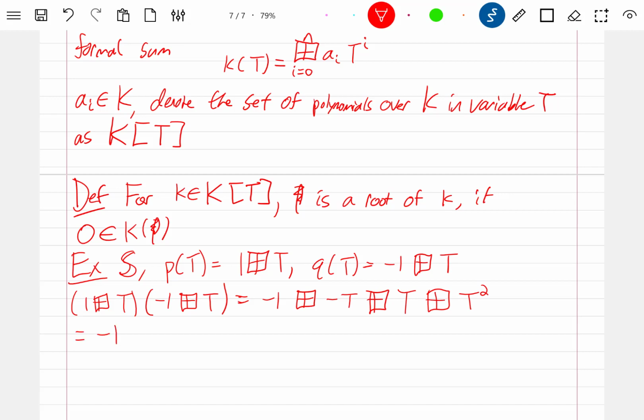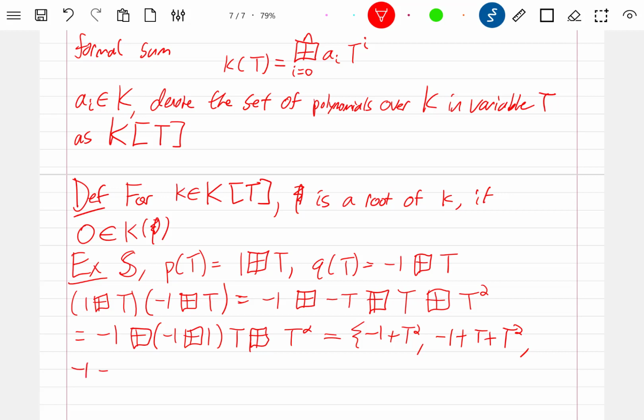So one might call this negative 1 plus (negative 1 plus 1) times t plus t squared. In some sense, this should be thought of as the set: negative 1 plus t squared, negative 1 plus t squared, negative 1 minus t plus t squared.